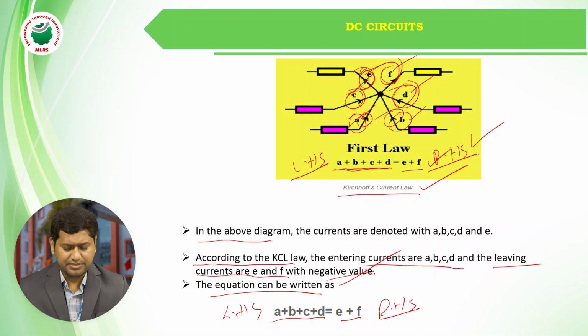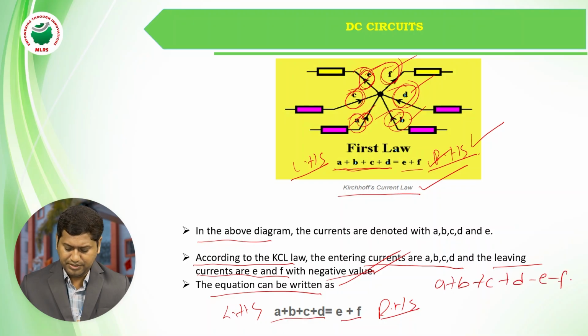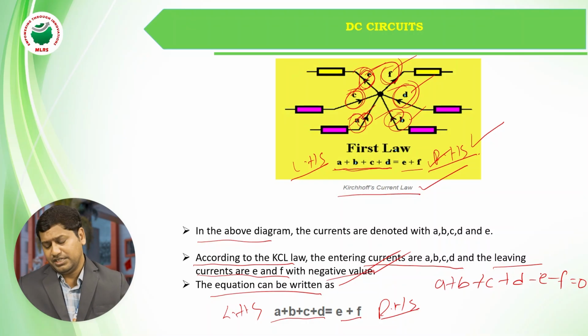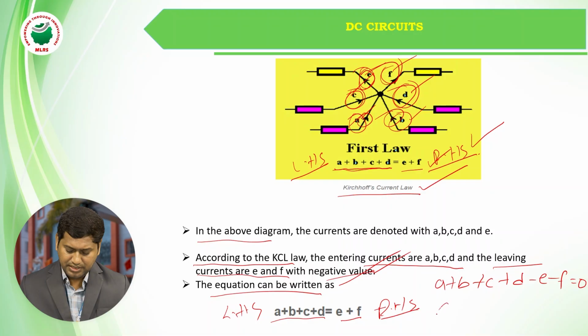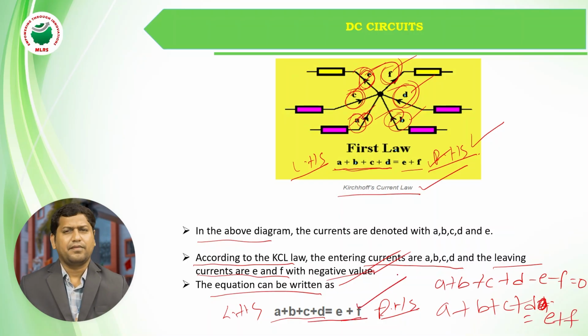As these are leaving, in the statement they are shown as negative values. So A plus B plus C plus D minus E minus F equal to 0. If I move them to the right side, the equation stands as A plus B plus C plus D equal to E plus F, as shown on the screen.